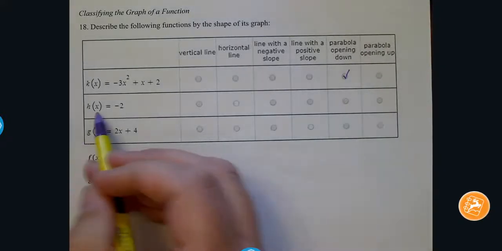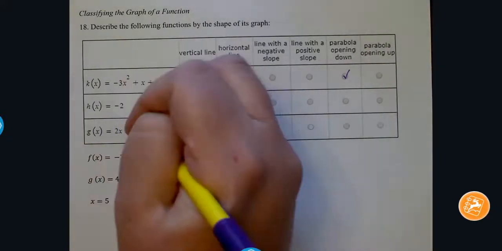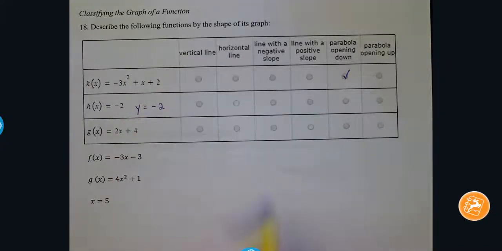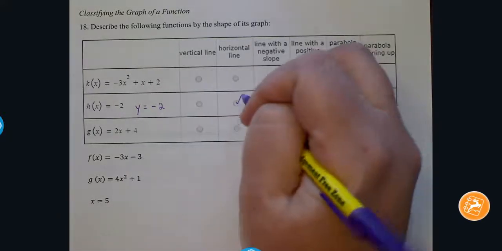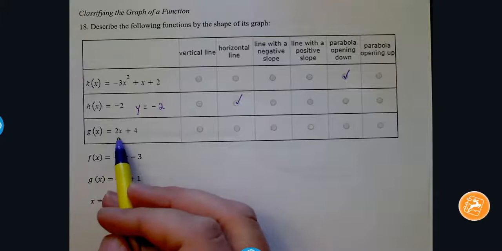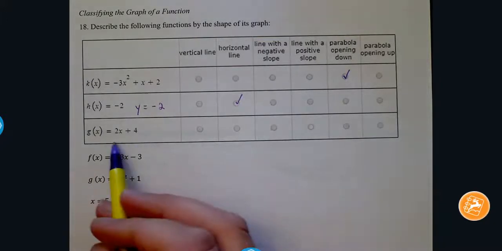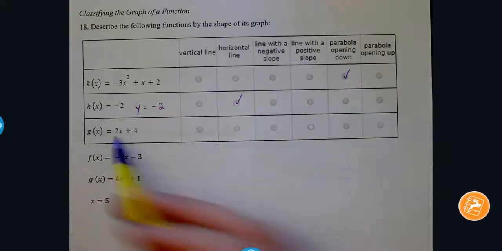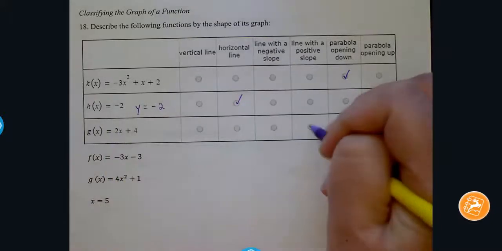Here we have h of x equals -2. That would be the same thing as y equals -2. So y equals is a horizontal line. Then g of x equals 2x plus 4. That's mx plus b. We have a positive m, so it's a line with positive slope.